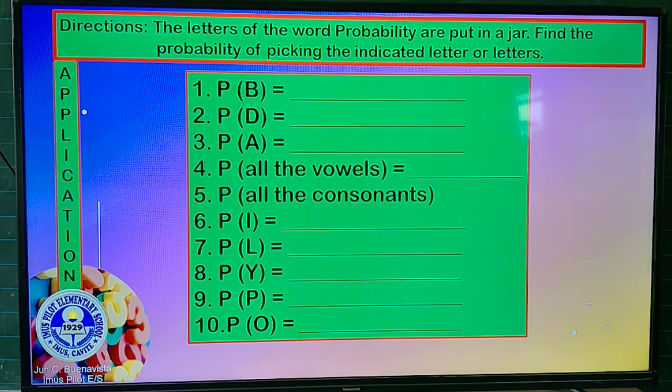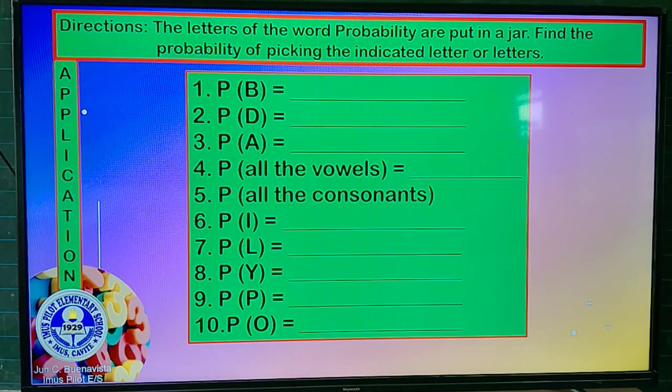Number 2, letter D. Number 3, letter A. Number 4, all of the vowel letters. Number 5, all the consonant letters. Then number 6, I. Number 7, L. Number 8, Y. Number 9, P. And number 10, O. Again, what is the probability of picking the letter that comes from the word probability?